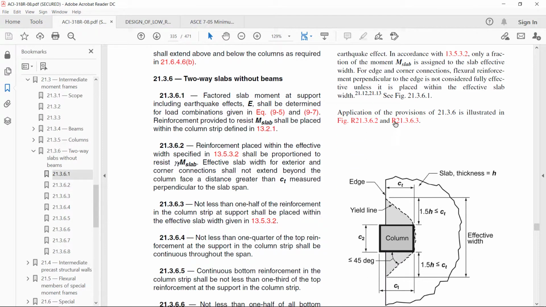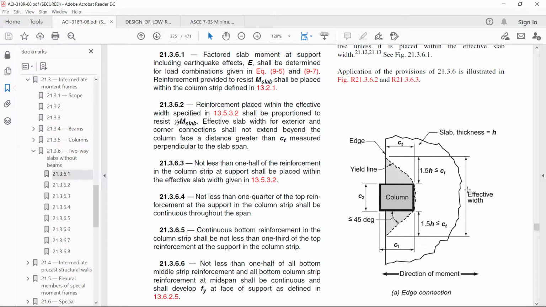Further explanation is there. What is the meaning of effective slab width? It means we have to consider both sides space which is 1.5 times the thickness of the slab, or it should be less than or equal to CT, where CT is the dimension of the column within the slab.